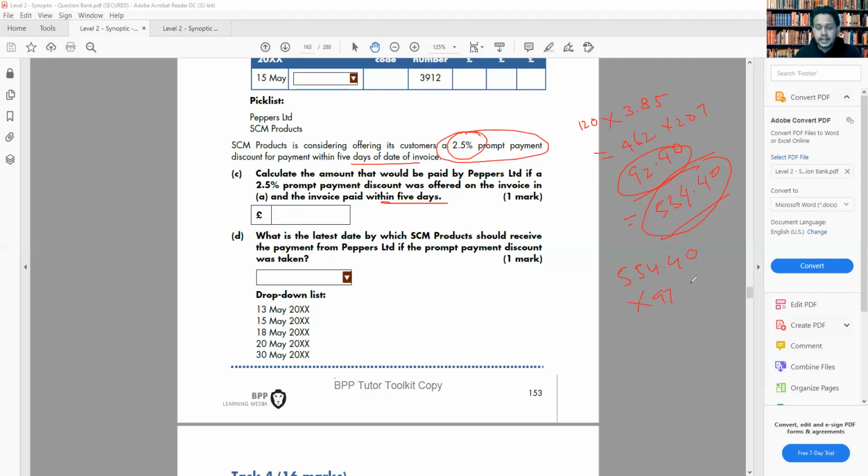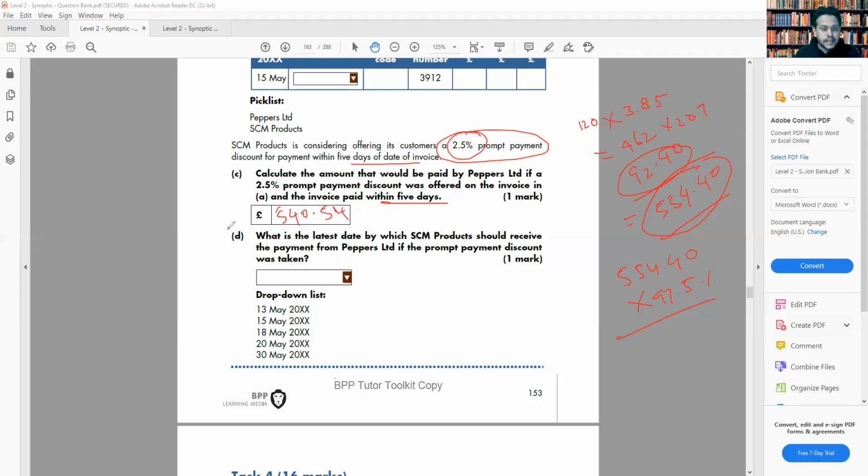Because if I don't get 2.5%, I will get 97.5%, isn't it? It gives you the same thing. Either you can minus 2.5% from the 554.40, or you can do straight away 554.40 times 97.5%. It will save some time for you because it's quicker. So that will give you 540.54.